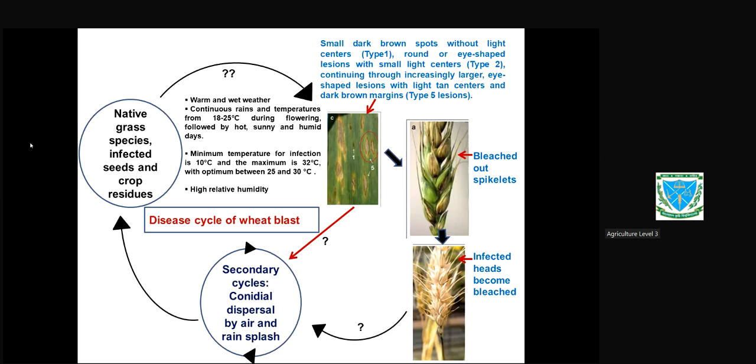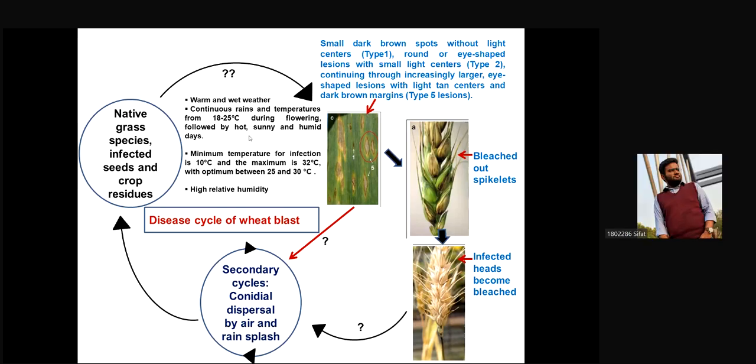And in the previous slide, I tried to explain the environmental conditions: warm and wet weather, continuous rain, and a temperature range between 25 to 30. All these factors collectively induce the pathogen to produce spores.